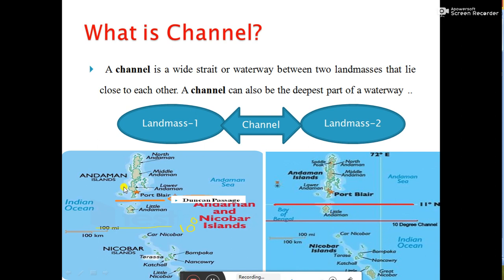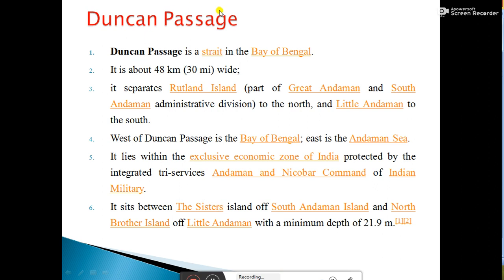If we see this portion, there is the Duncan Passage, between Lower Andaman and Little Andaman. There is another channel, the 10 degree channel. Next, Duncan Passage.